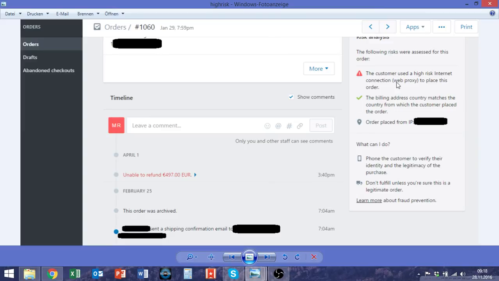But if you have something like different shipping and billing addresses, it's perfectly normal that people buy something for their relatives in another country, or that they are on vacation and then send something to their home address. So yeah, if I were you, I would process the orders in most of the cases.